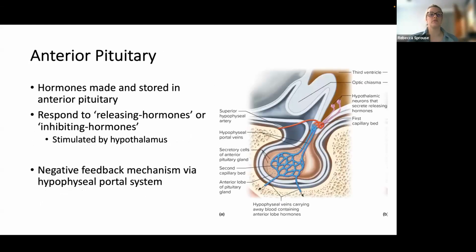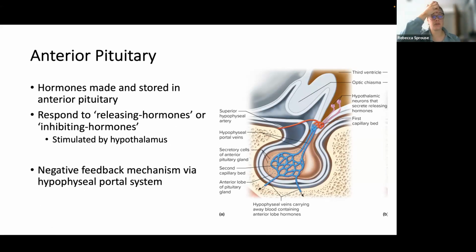So the anterior pituitary is here. So there's a close-up view. This is a portal capillary network here in the anterior pituitary. And then these are some neural axons here as well. And then all of these hormones are released here from the anterior pituitary.